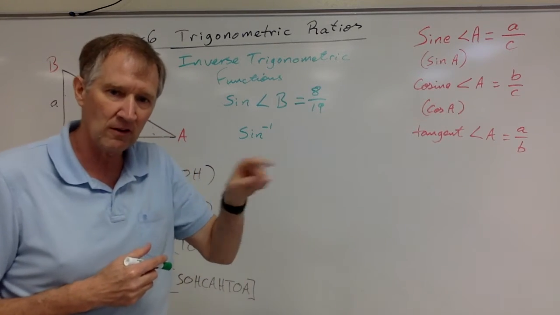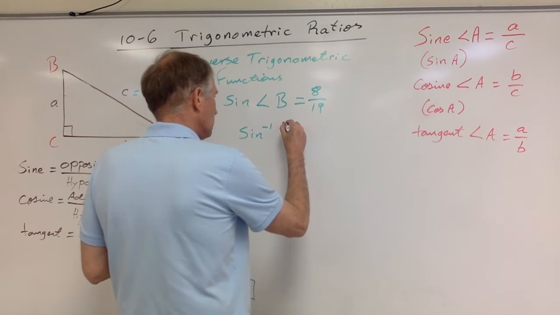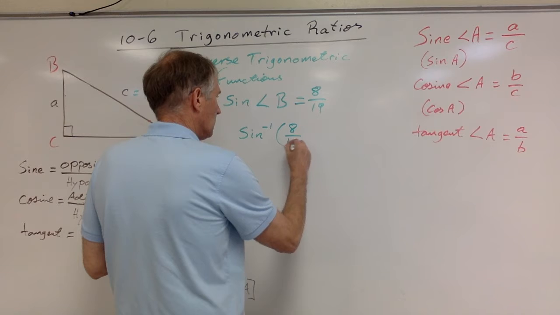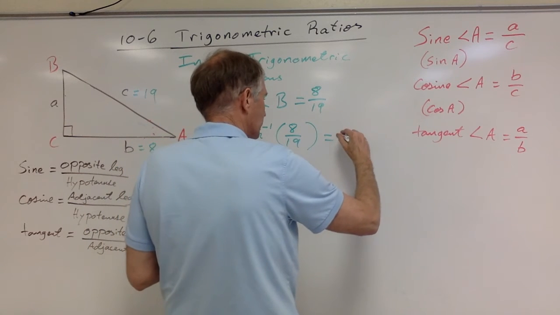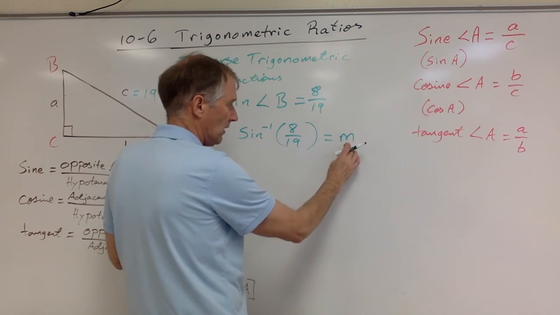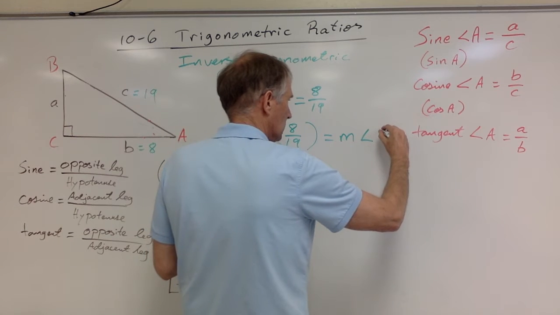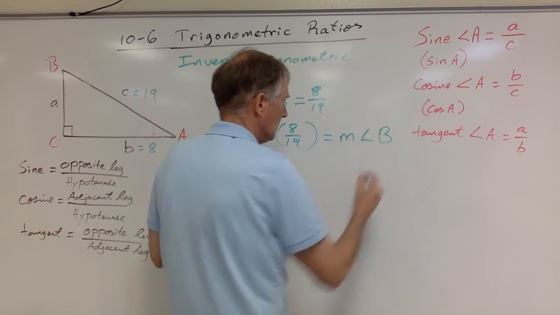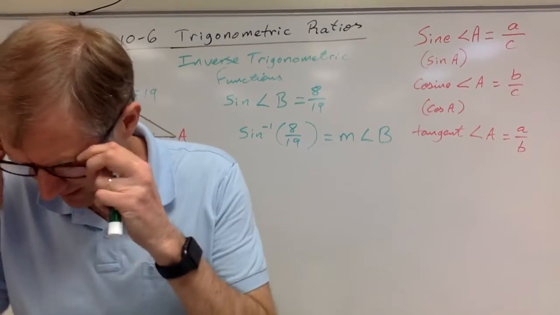Hit the second function and then the sine and enter this in. So the second function sine of 8 all over 19 equals, the way they write it in your textbook is m for the measure of angle B. That m stands for measures, the amount, right? The measure of angle B.